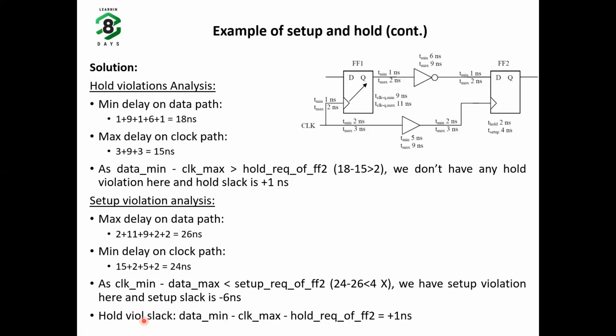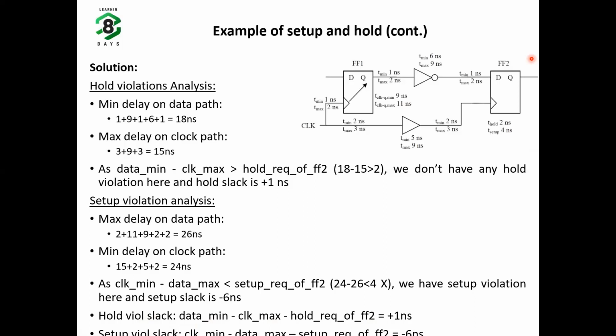Okay, so hold slack is data min minus clock max minus hold requirement of FF2. And setup slack is clock min minus data max minus setup requirement of FF2, which puts us at minus 6 ns of setup violation. So this particular circuit is having hold met, but we have a setup violation of 6 ns.